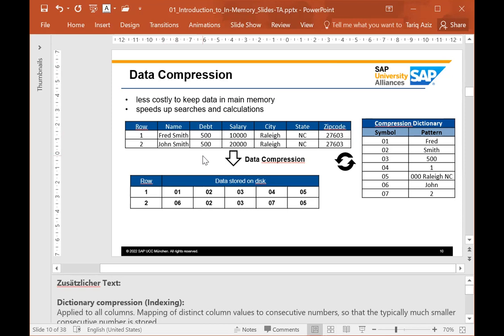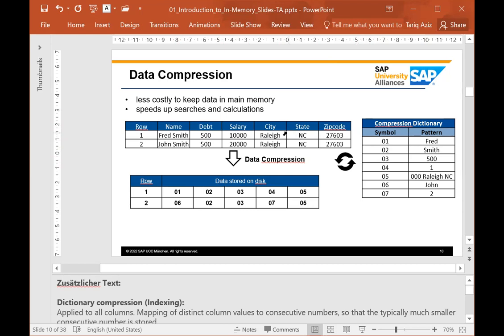So what SAP HANA has done is, they just created a dictionary of the table. In that dictionary, it put the values. You see the symbols? It put the symbols in a number, and then the values. So give a number to every value. For example, Fred Smith has a number 1 and 2. 500 has a number.